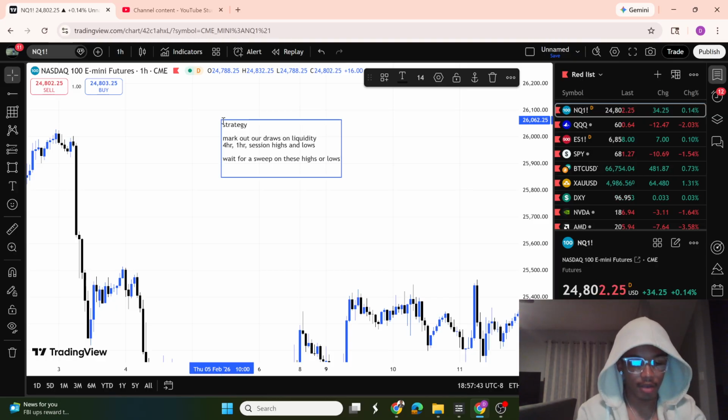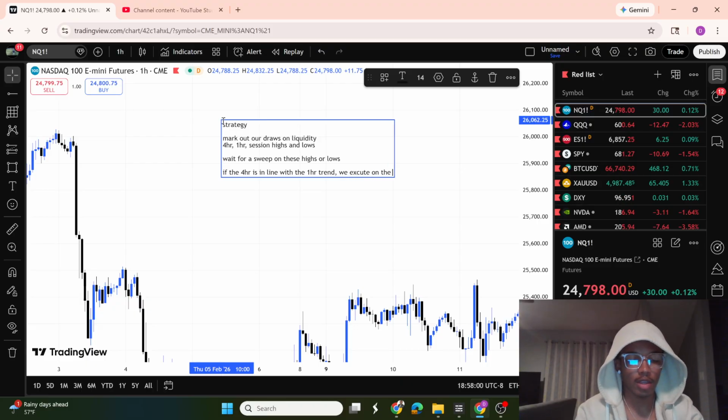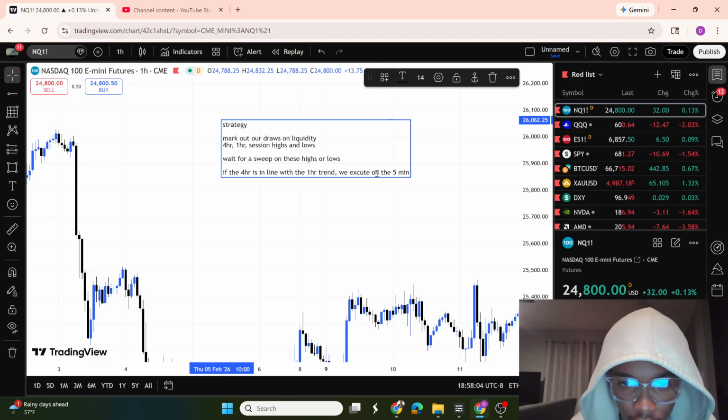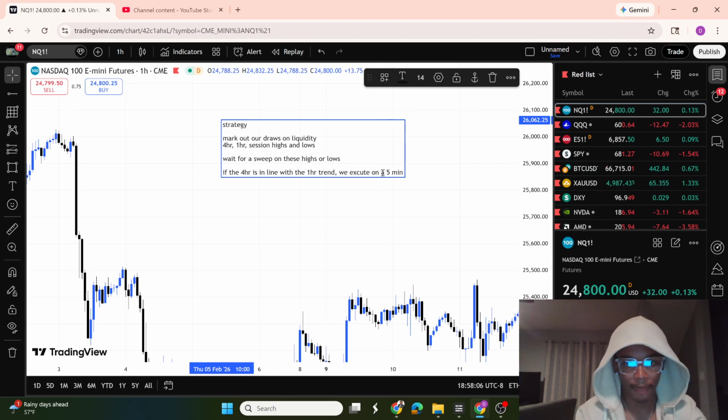And then if the 4 hour is in line with the 1 hour trend, we execute on the 5 minute. We execute on a 5 minute break of structure.